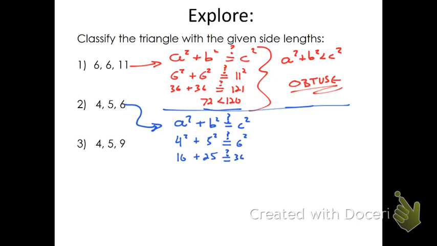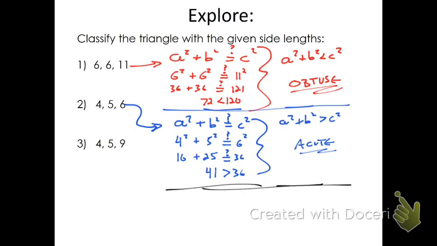Well, here it looks like 16 plus 25, I think that would be 41, and that's greater than 36. So here we have a situation where a squared plus b squared is greater than c squared, and in that situation it would be acute. We know we've got an acute triangle.